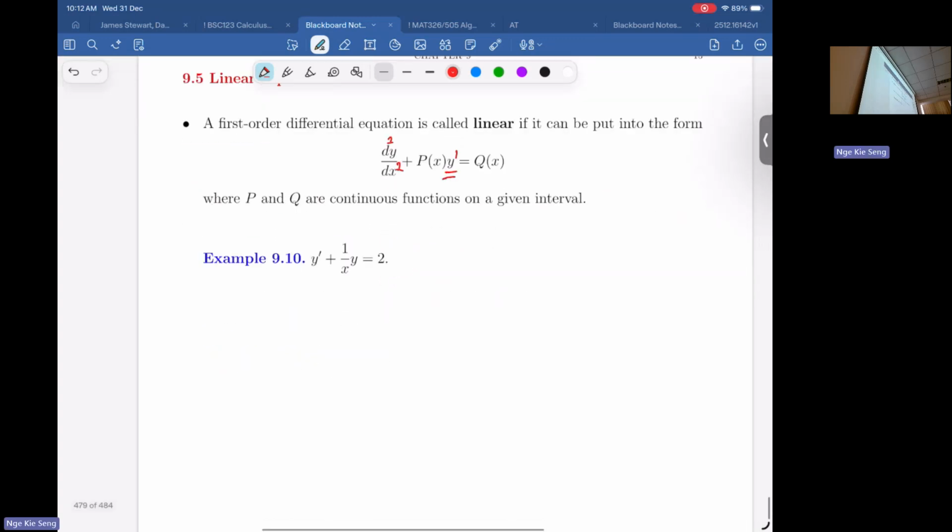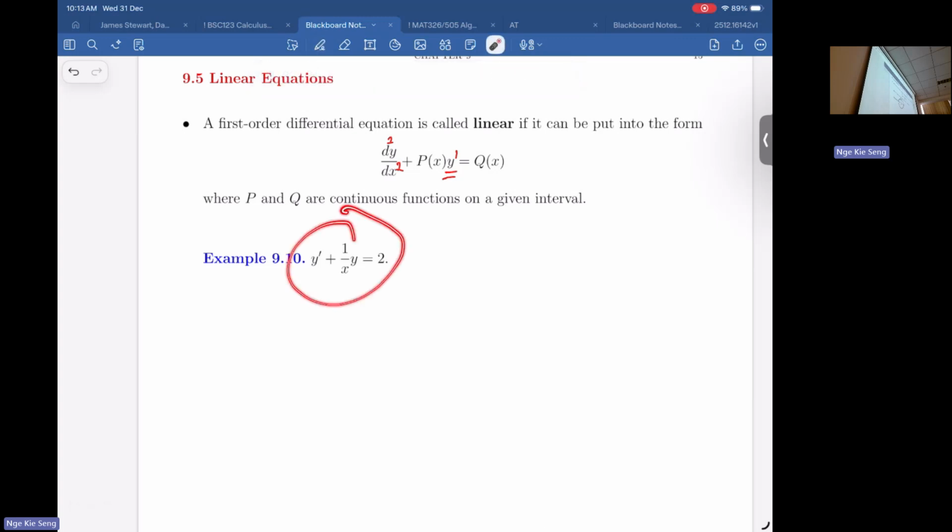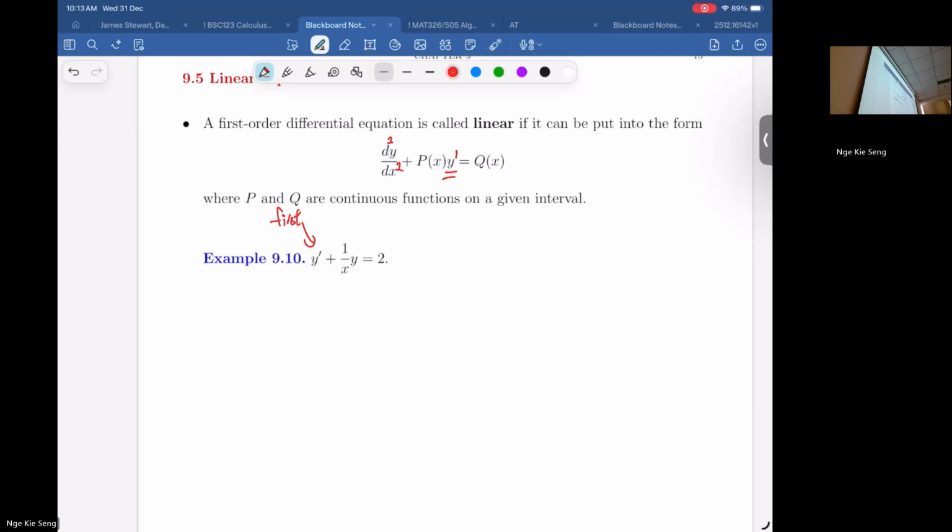Okay, so let's look at this example here. In this case, we see that it's linear because there's only a first order derivative here, and the power of y is also power 1. So this is a linear first order differential equation.